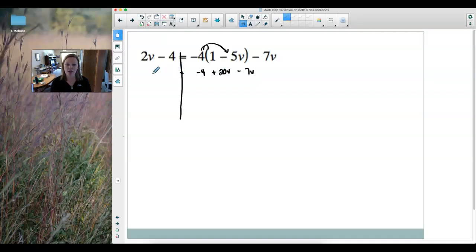On the other side of the equation, I still have the 2v minus 4. Okay, then we should combine like terms on the right-hand side.